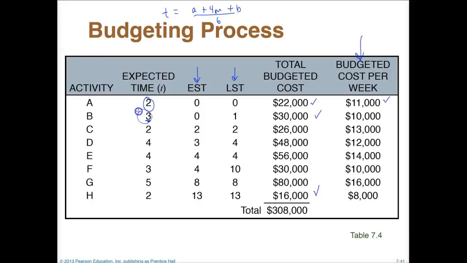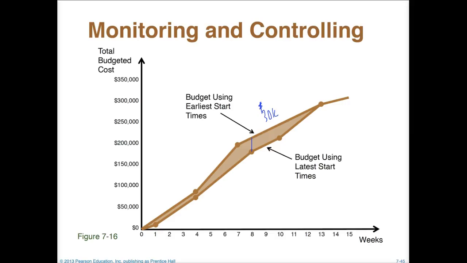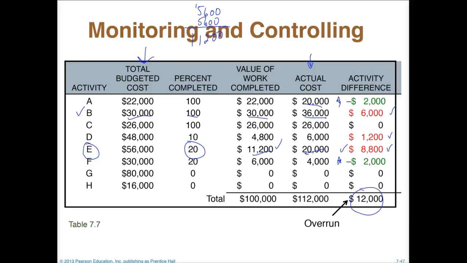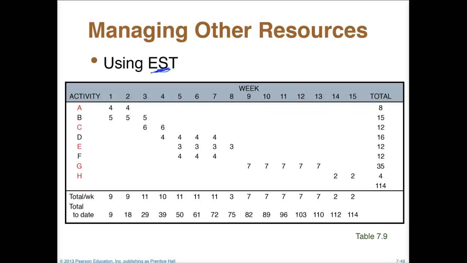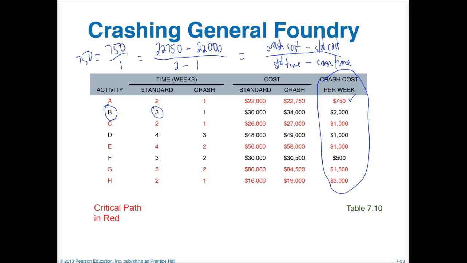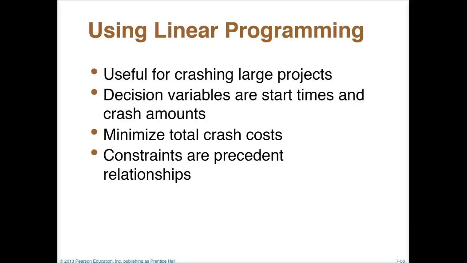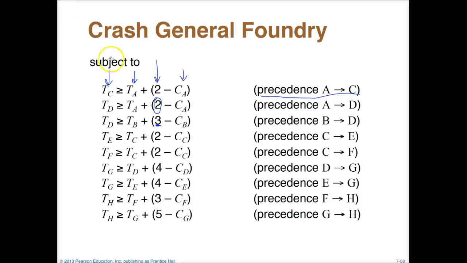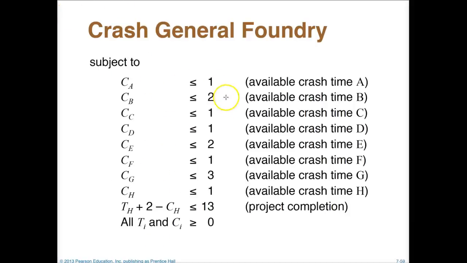So activity B, the expected time is 3 weeks there. So that is why we have the 3 here. And of course, all of the expected times would go right here in this column.